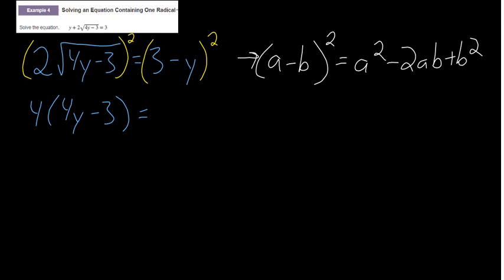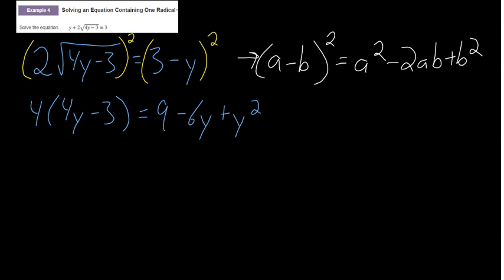So a squared is going to be 9, minus 2 times a times b, so it's going to be minus 2 times 3, which is 6, times b, which is y, so it's going to be minus 6y. And then plus b squared, so plus y squared. Okay, so hopefully you followed along there.